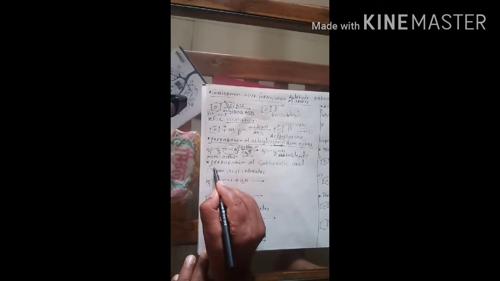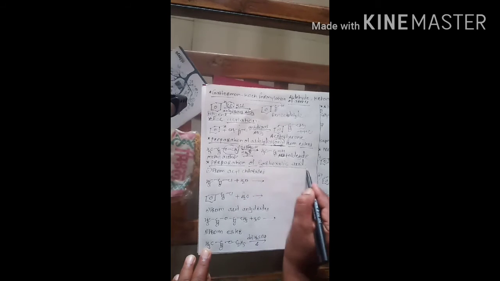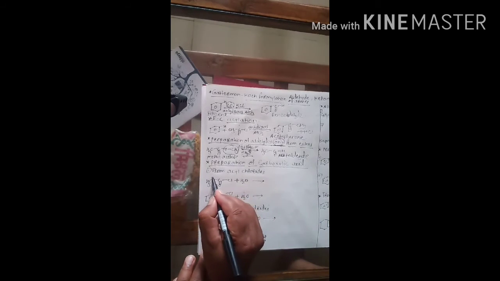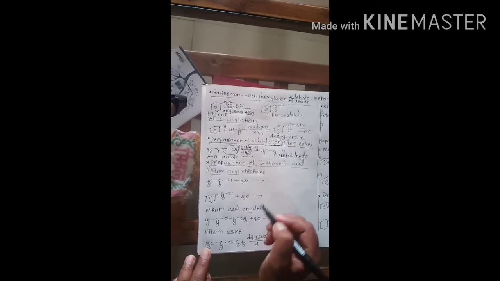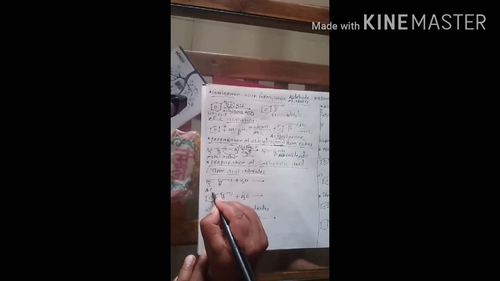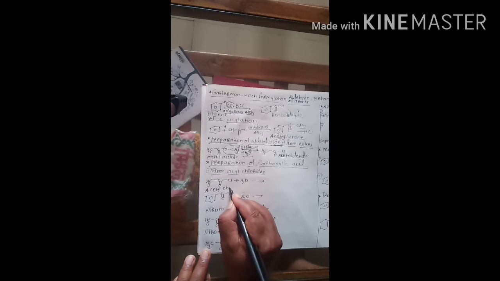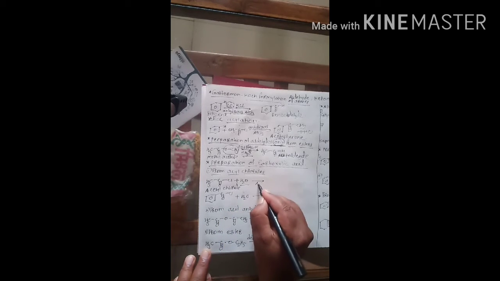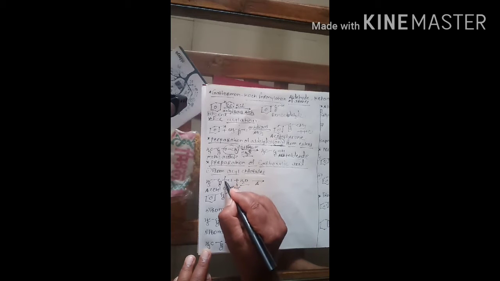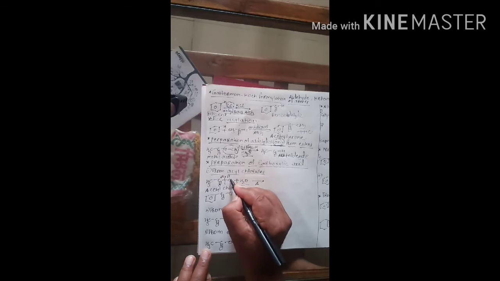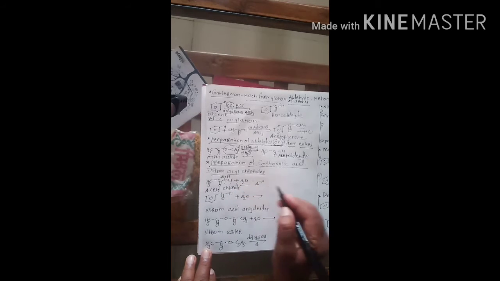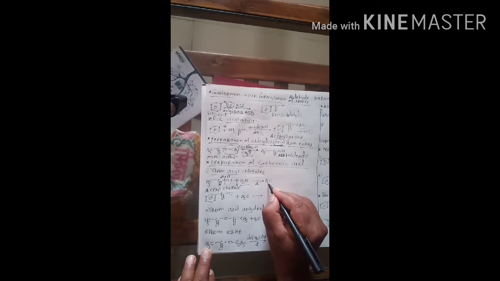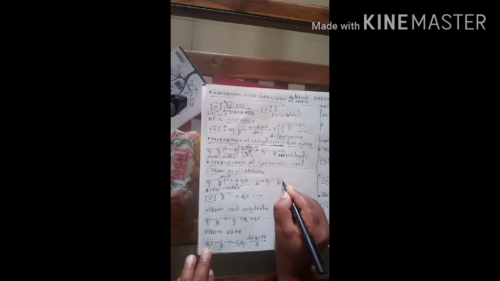Next reaction is preparation of carboxylic acid. First is from acyl chlorides. When this acetyl chloride is hydrolyzed by using water, then hydrolysis takes place here. OH goes to carbonyl carbon, hydrogen goes to chlorine, and we get CH3COOH plus HCl.